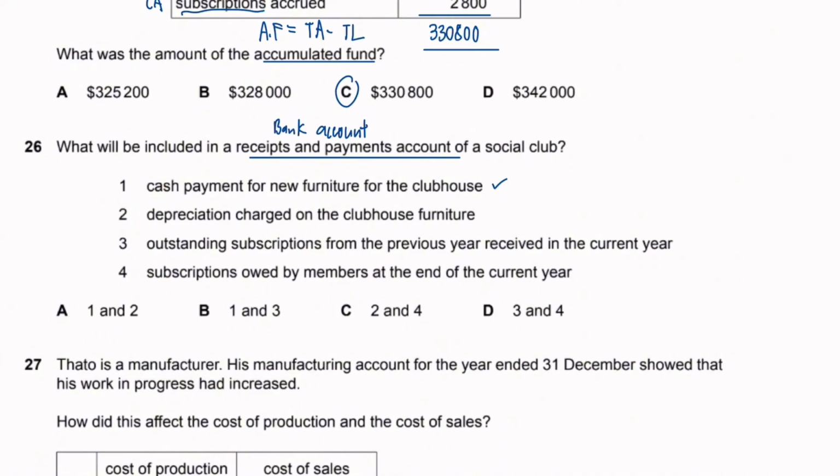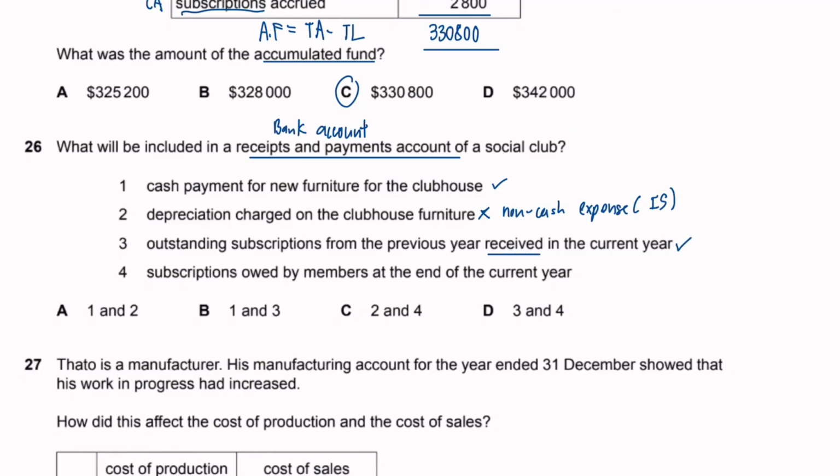No, because depreciation is a non-cash expense, so it's definitely not recorded here. It's recorded in the income statement of the clubhouse. Okay, third, outstanding subscriptions from previous years received in the current year. Receive is the keyword here. So we know that this is correct.